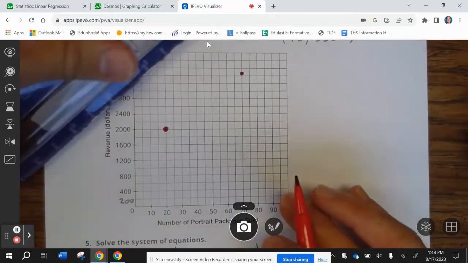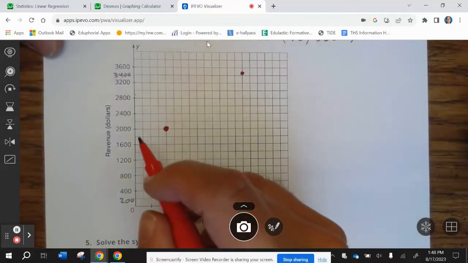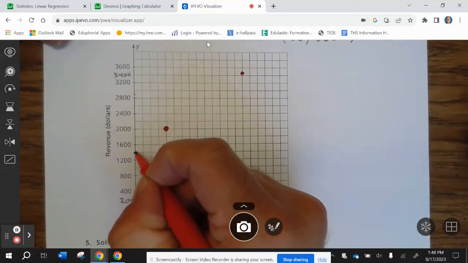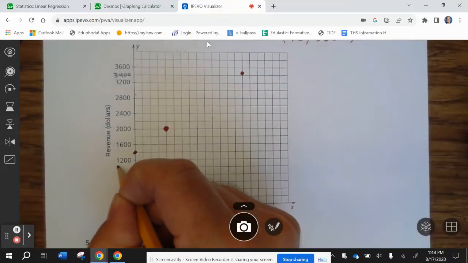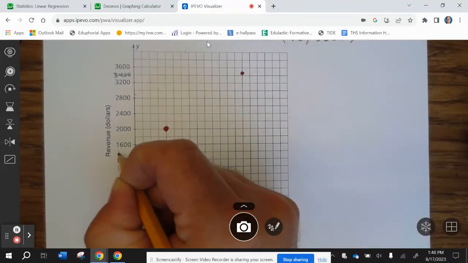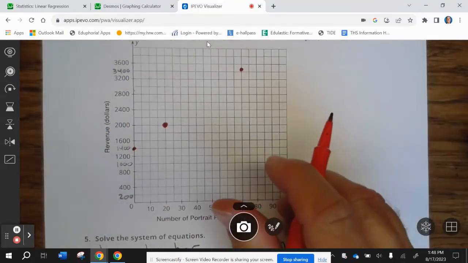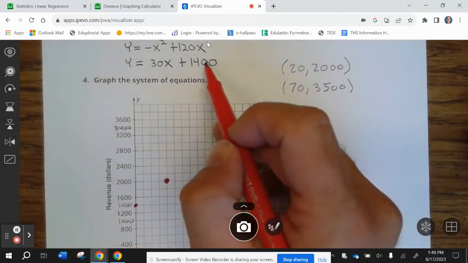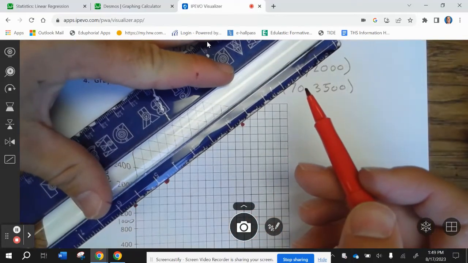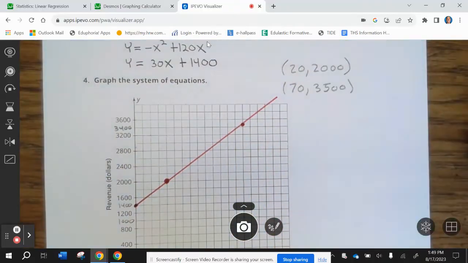Okay. And then your initial point is 1,400. So that's this point right here, because we're counting by 200. So 2, 4, 6, 8, 1,000, 1,400. Okay. And that comes from that number. This point comes from that number right there. Okay.